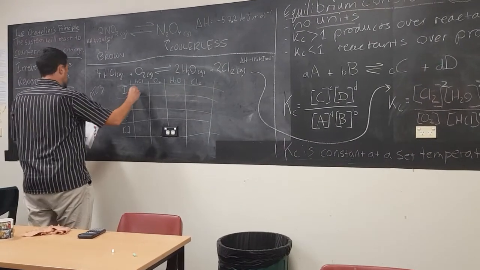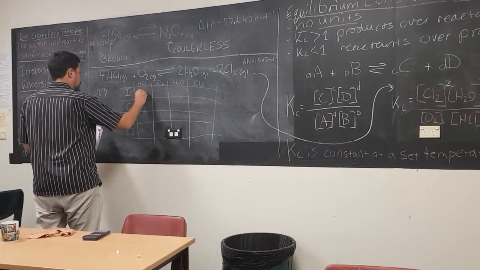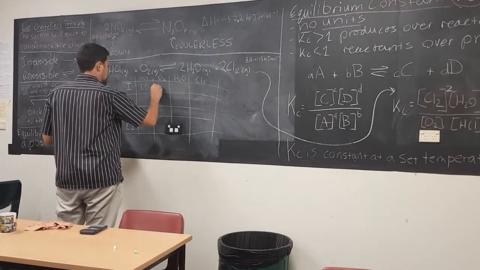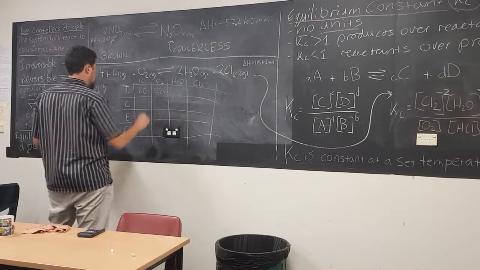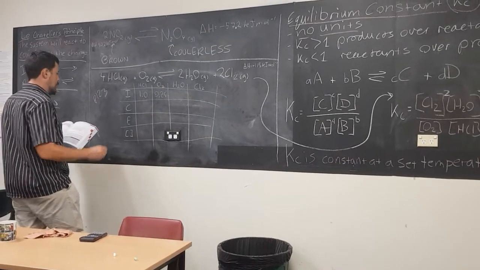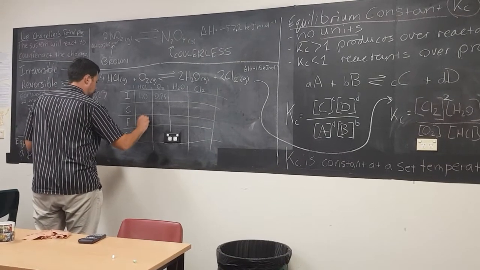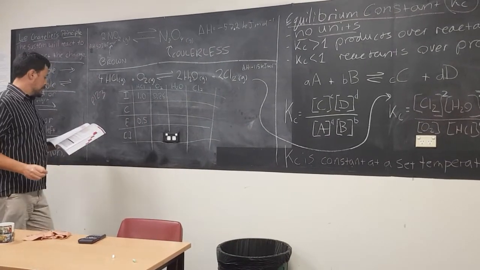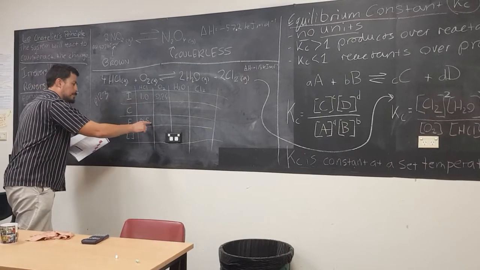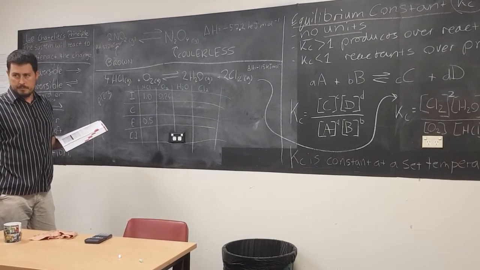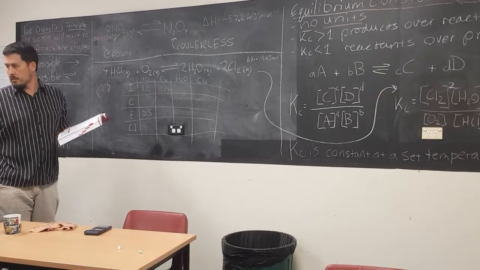Now we're given the information. Initially there's 1.0 moles of HCl and 0.25 moles of oxygen, and then the change is going to be 0.5 moles. Now how do you go from 1 to 0.5? How much do you need to take away?